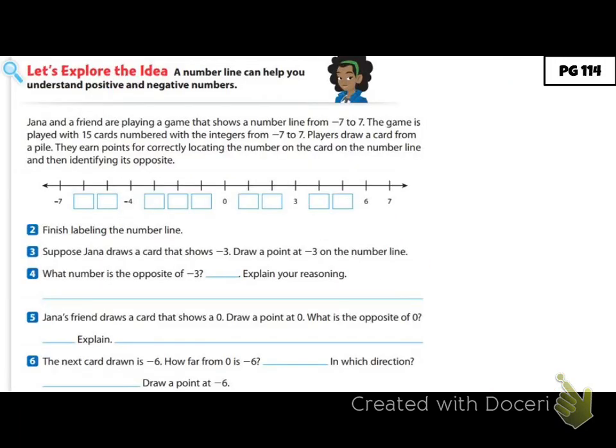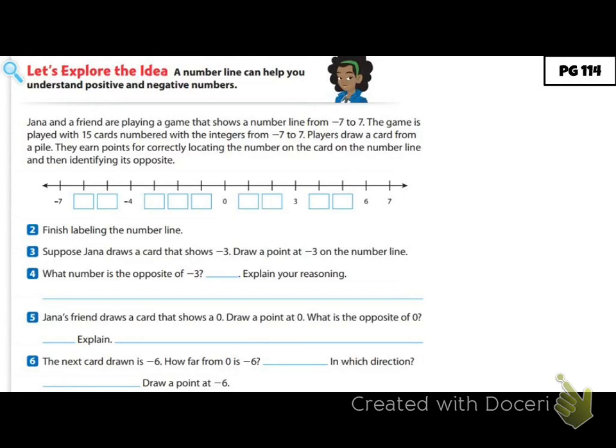Alright, so we're going to explore this idea a little more. It says Jana and a friend are playing a game that shows a number line from -7 to 7. The game is played with 15 cards numbered with the integers from -7 to 7. Players draw a card from a pile. They earn points for correctly locating the number on the card on the number line and then identifying its opposite. So, number 2 says, finish labeling the number lines.